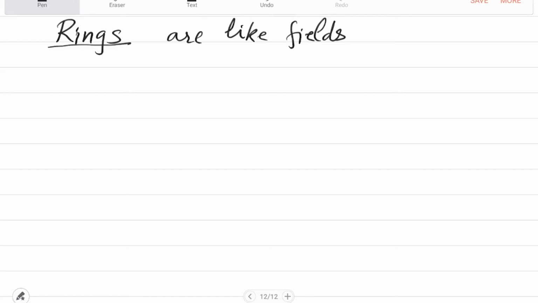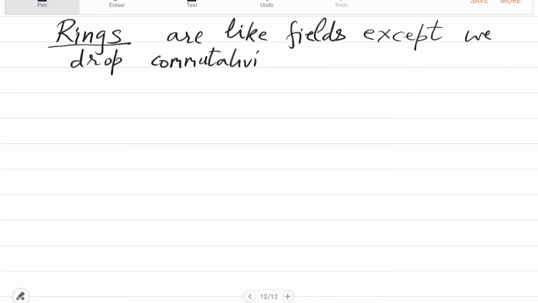Are the conditions dropped on both the operations or only one operation?